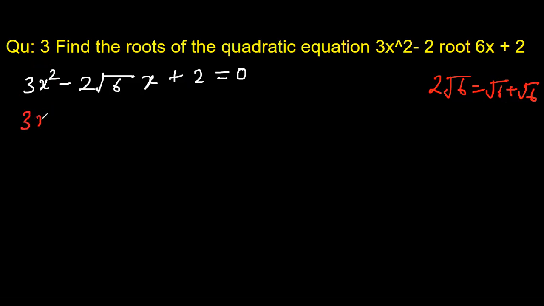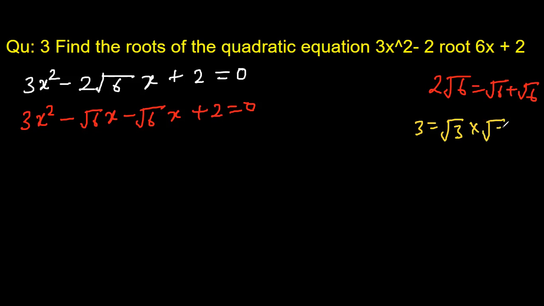So let's write this 3x squared as it is, minus square root 6 of x, one more square root 6 of x plus 2 is equal to 0. Now, again, we would like to see what is the common factor there. As we observe, 3 can be written as square root of 3 into square root of 3.